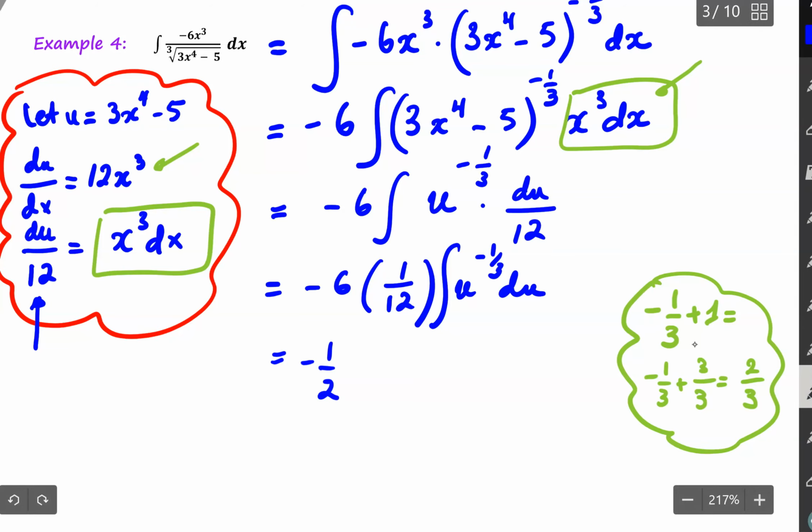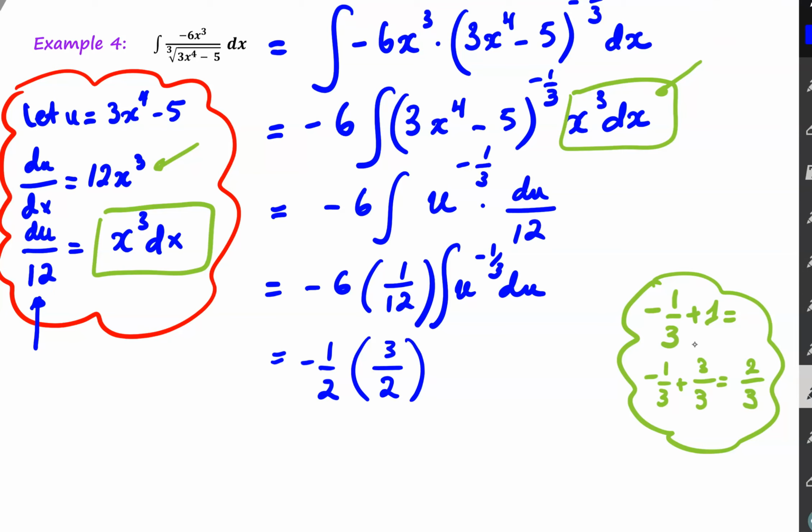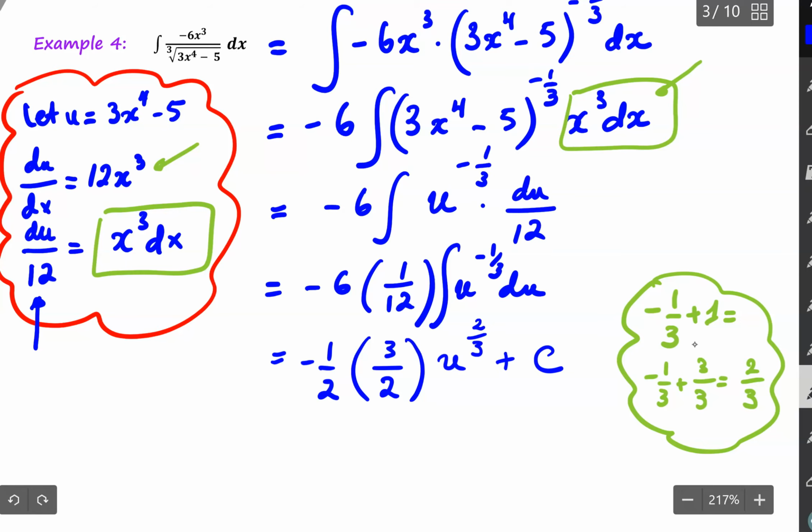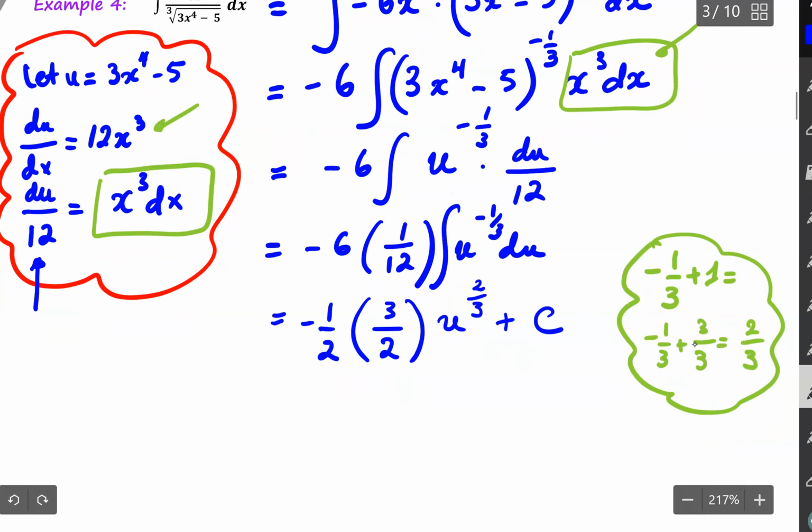It means that I will have to multiply by 3 over 2, because you divide by 2/3. So now I should have u raised to the exponent 2 over 3. Don't forget the plus c. And in the end, you simplify, and you should have -3 over 4.